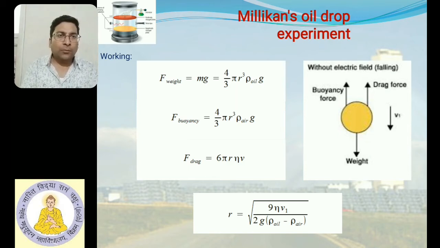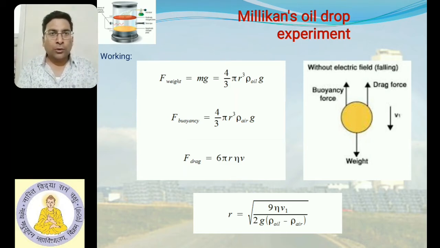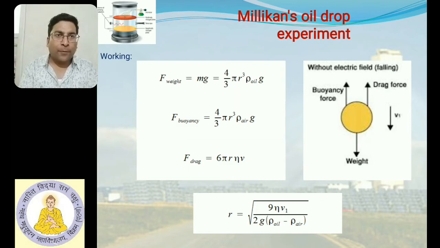As we learned from viscous force, by the Stokes relation, the value of this drag force is 6 pi r eta v. v is the uniform velocity of the droplets, r is the radius of the droplets, and the value of weight is mg. The mass we can calculate as volume into density, and if the radius is r, the volume will be 4 by 3 pi r cube, so m is 4 by 3 pi r cube into rho. Rho is the density of the oil droplets.